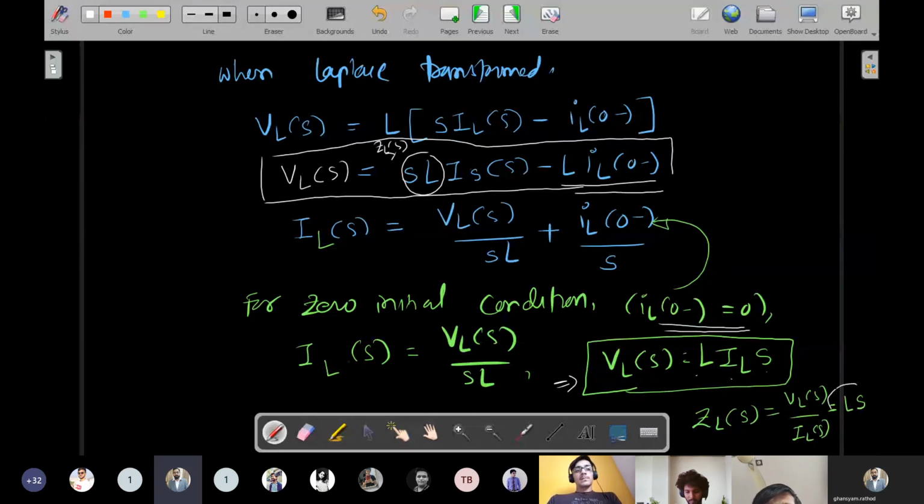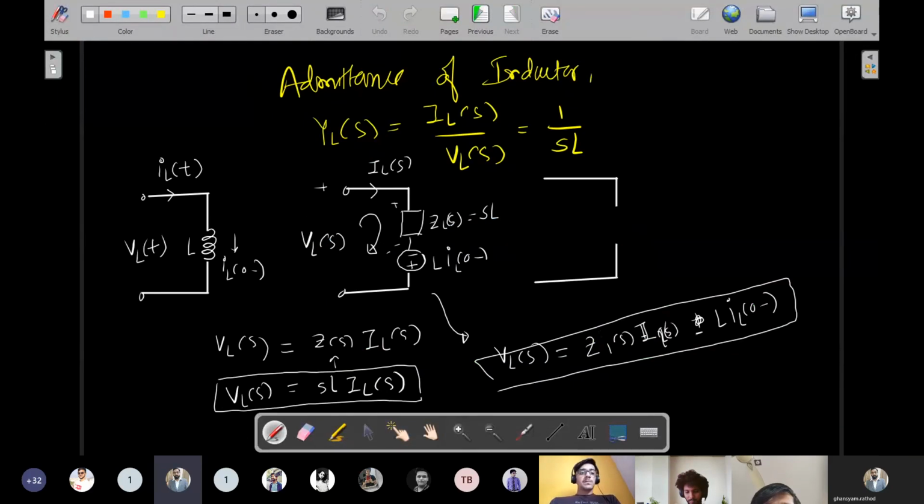This is what is there in our equation. So if you put sL at this place, both the equations will be equal. Understood, or any doubt in this? If you are having any doubt, you can let me know.